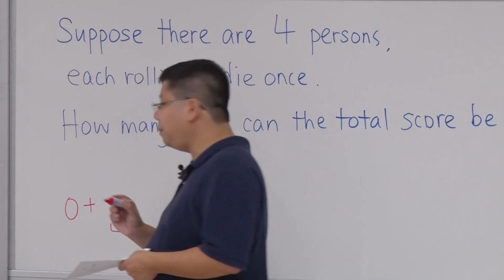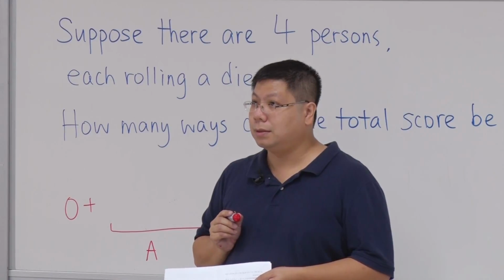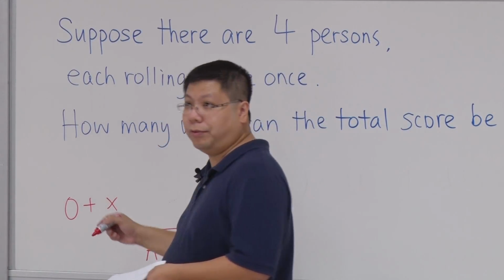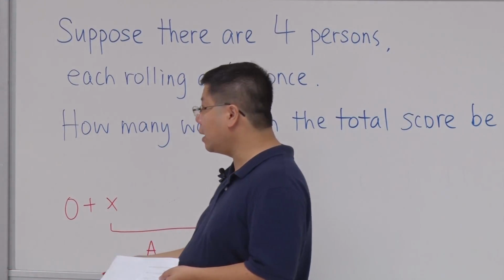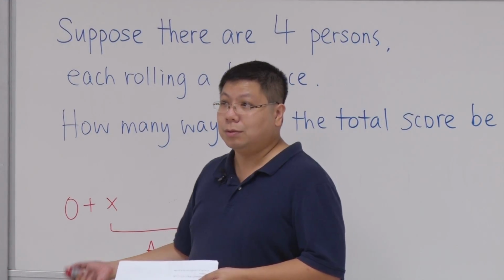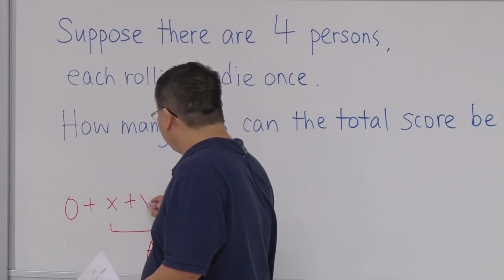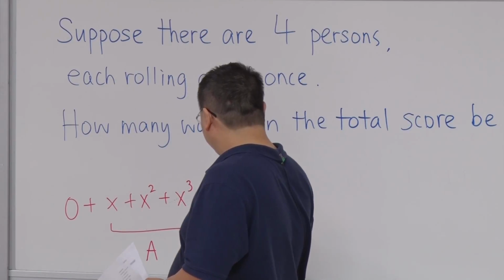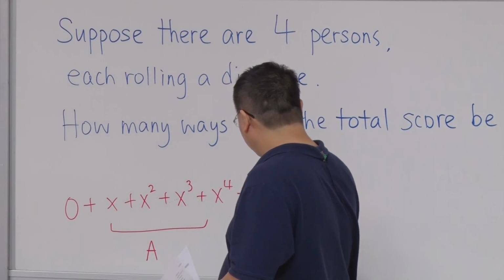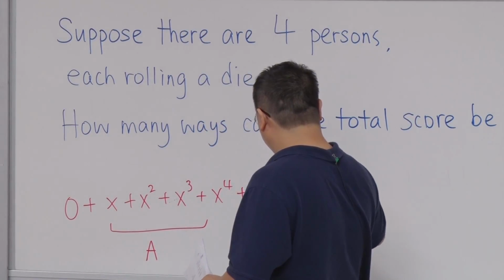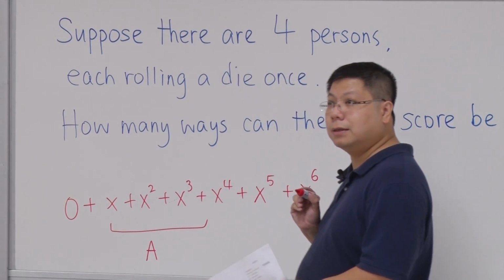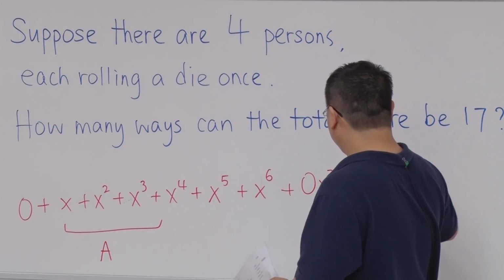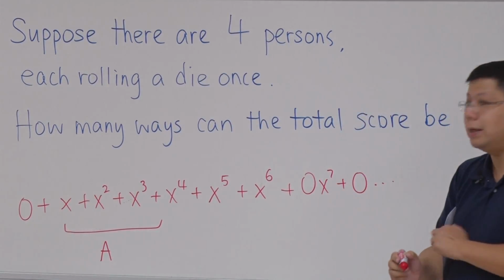How many ways can A be selecting 1 point? 1 way, right? 1 way. When A throws 1. Okay. How many ways can A be selecting 2 points? Also 1 way. Excellent. So it is like something like this, plus 0 x^7 and 0 in the end, right?